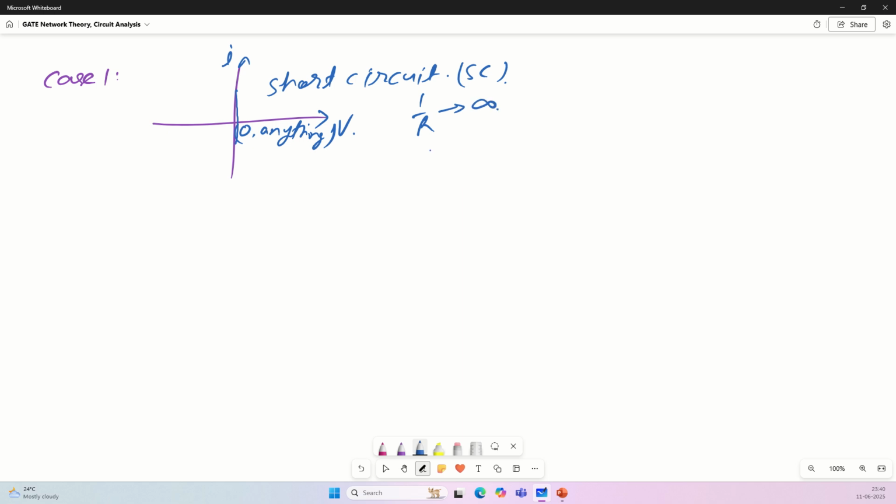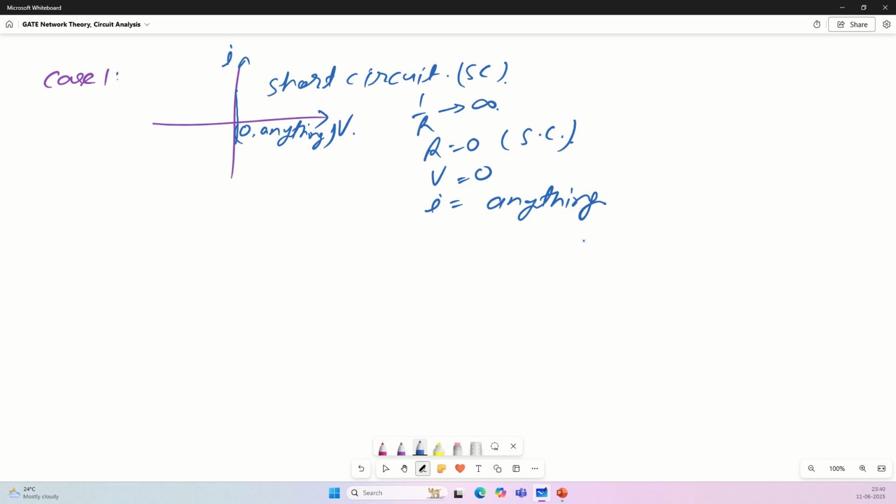It means my R is actually 0 for short circuit. Resistance is 0. It means voltage is 0 and current is anything. So voltage will be 0 but current will be any value. So this is nothing but my short circuit case.